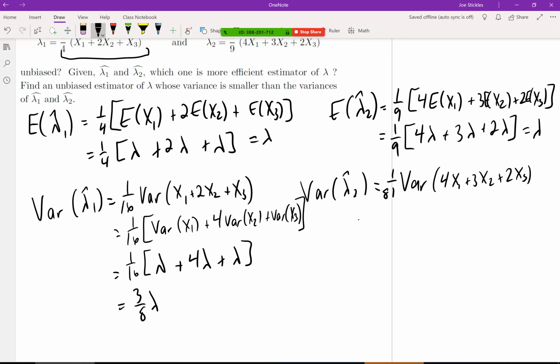Again, each is independent, so I can break up the variance over the sum, and then I can pull the constants out of each one. So I get 16 variance of x1, 9 variance of x2, 4 variance of x3.